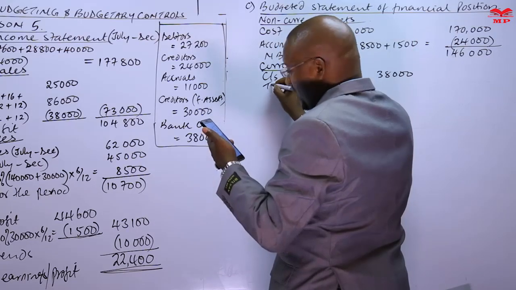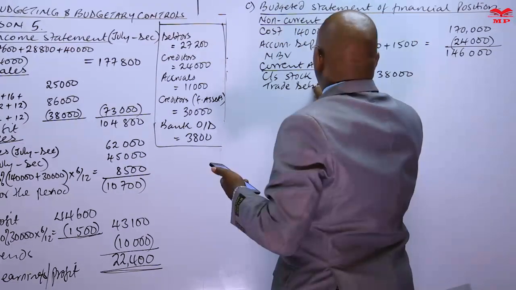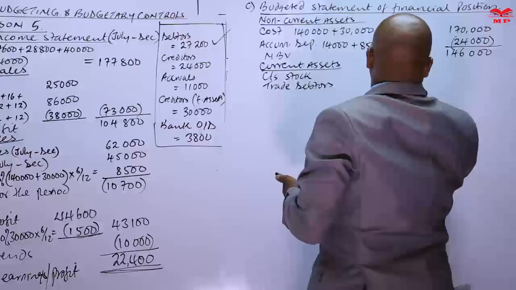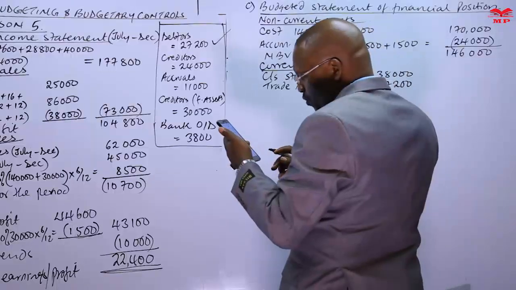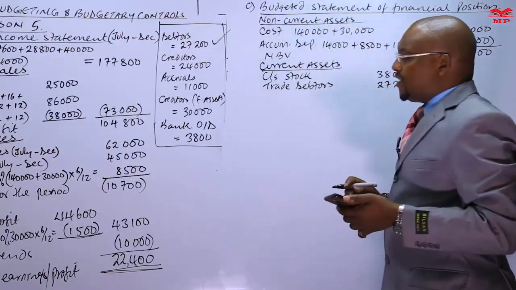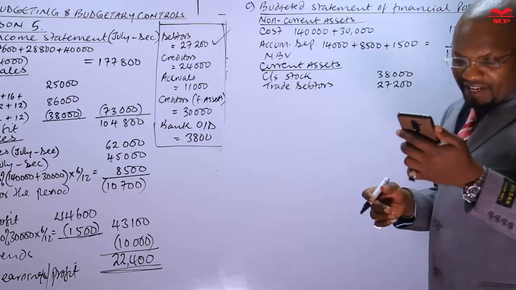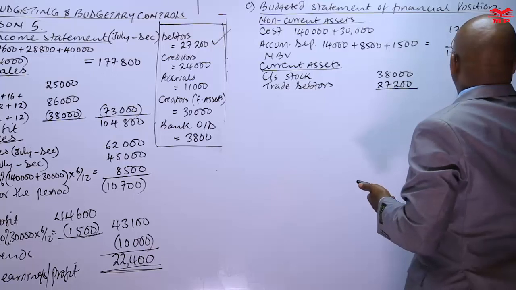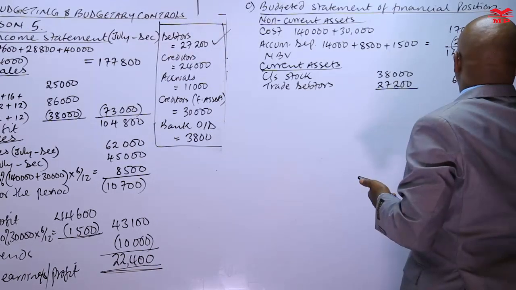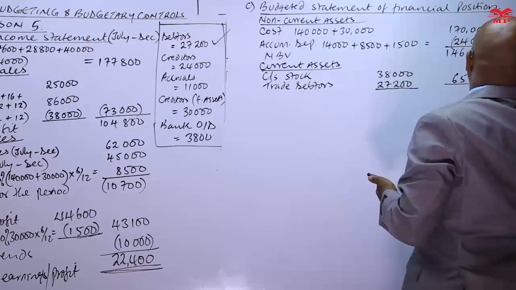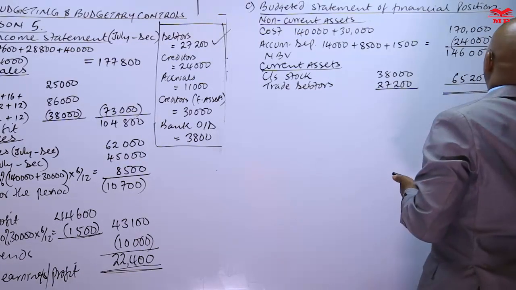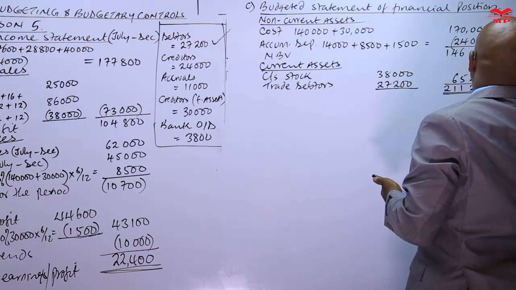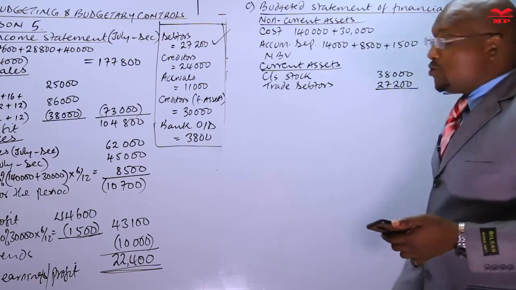We have the trade debtors, which you have done here. It is 27,200. We have the bank. Bank is an overdraft, so it won't be here. We don't have any other current asset, so we can add these two. This will give us 65,200. If we add together, total assets will give us 211,200. That's the first balancing figure, 211,200.